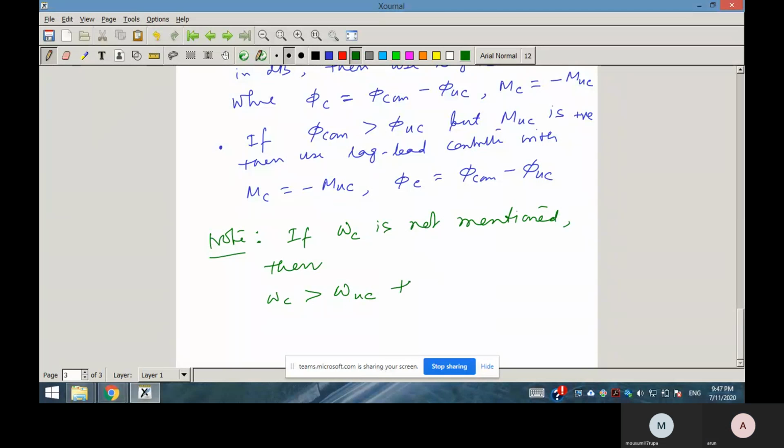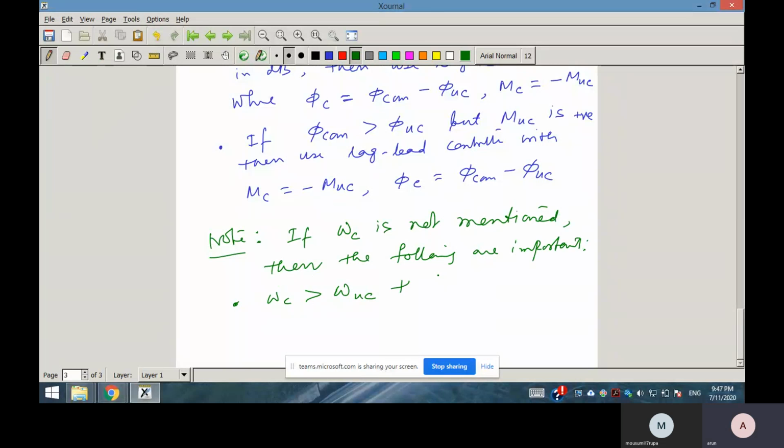then the following generally holds. The following are important. What are those? One.